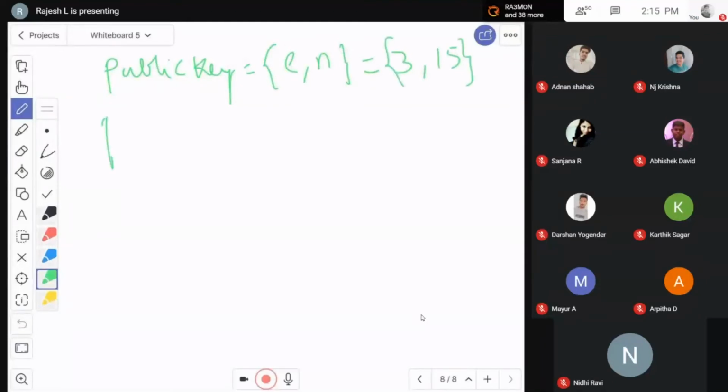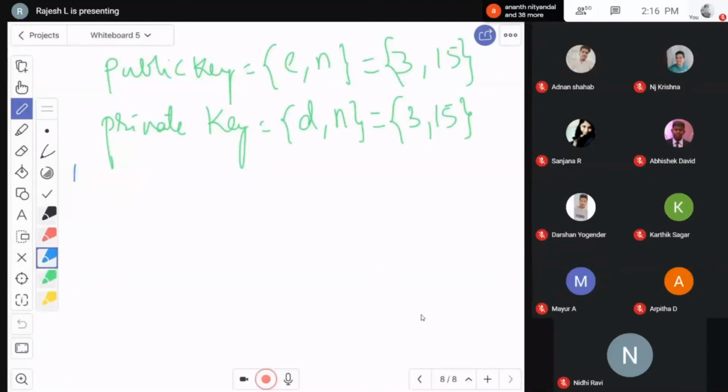Similarly, private key is D comma n, that is also 3 comma 15. If both public and private keys are the same, it is easy to make it vulnerable, so we have to avoid this by selecting large prime numbers.